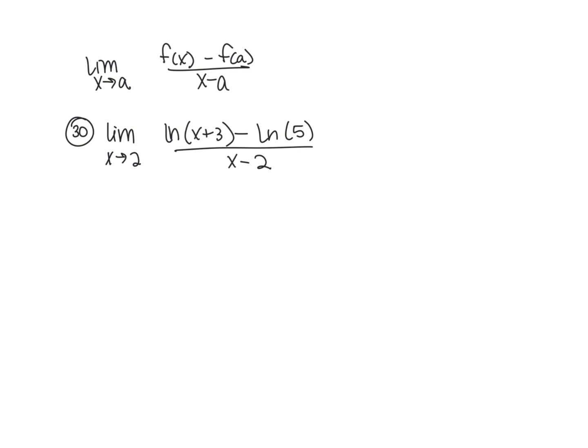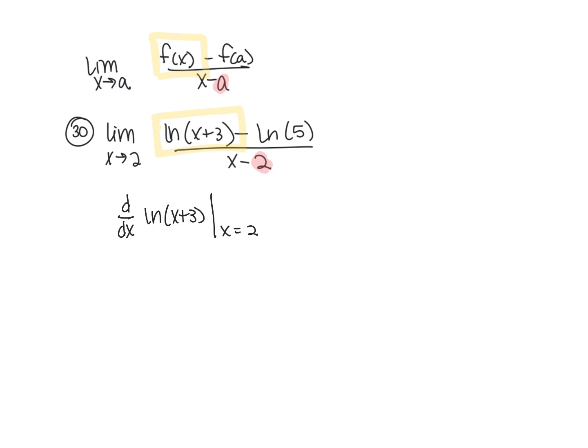In this form, this piece of information right here is my function. What I'm hoping to take the derivative of that function at is this number a here. So we have that 2. So really what this problem is asking me to do, using the idea of a limit definition of a derivative, is to find the derivative with respect to x of the function natural log of x plus 3, and I'm going to evaluate it when x equals 2.